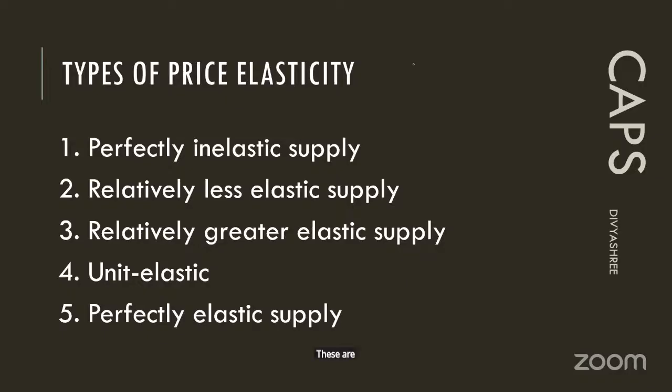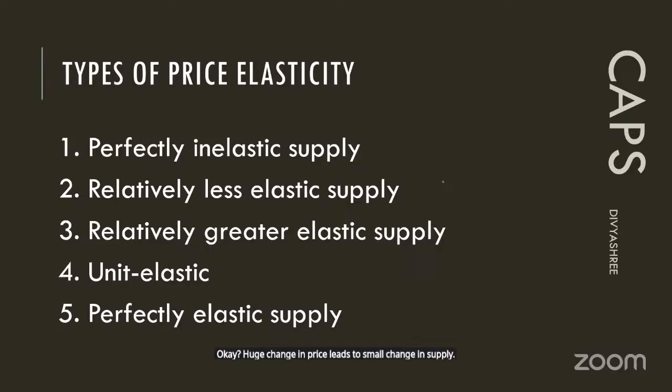These are the types of price elasticity of supply. Perfectly inelastic means whatever may be the change in price, supply remains the same. Relatively less elastic, the 0.4 that you got: huge change in price leads to small change in supply.